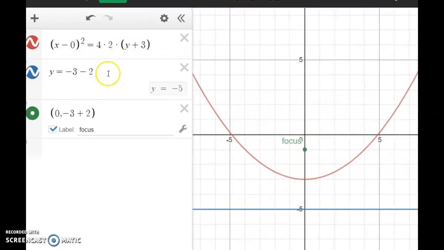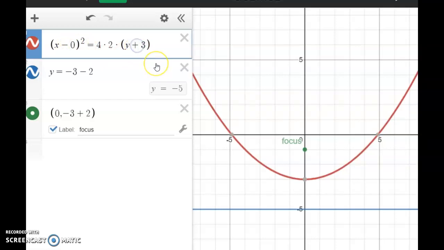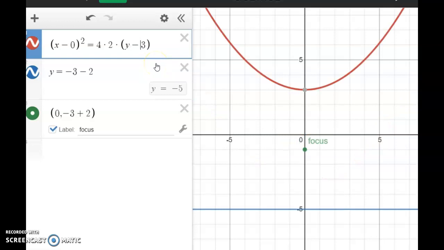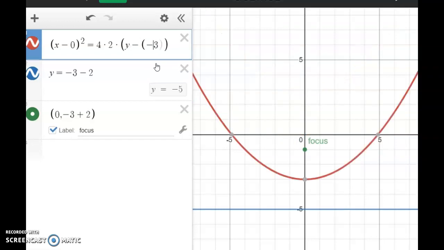I did write it a little bit differently. Notice my minus 0 here, and that negative 3, which I do want to rewrite as minus negative 3. I should have done that earlier, because that tells me right away where the vertex is.